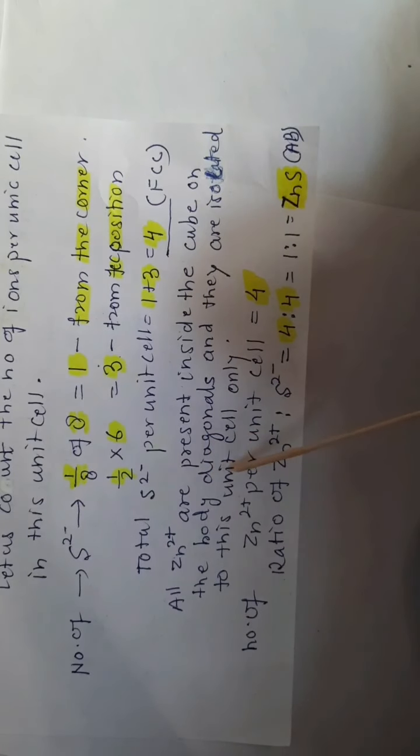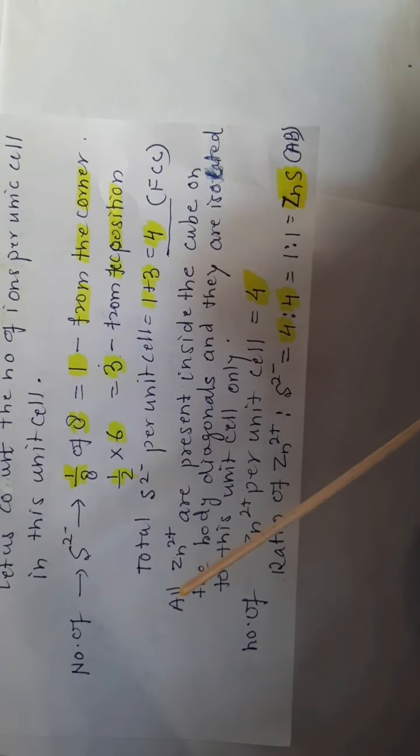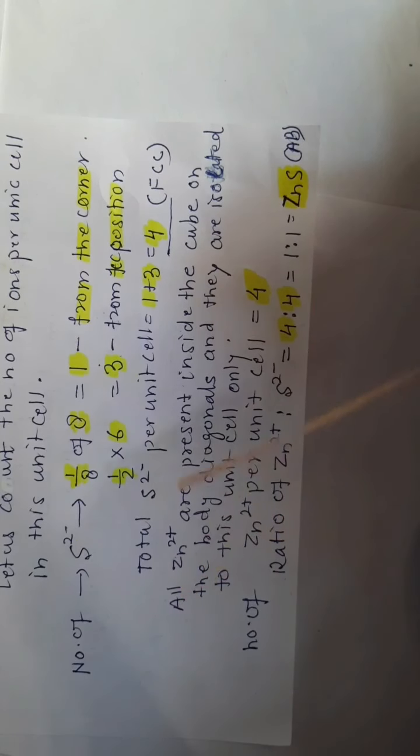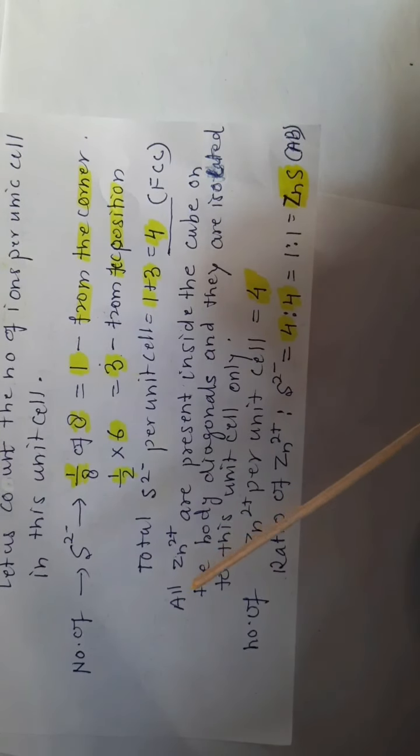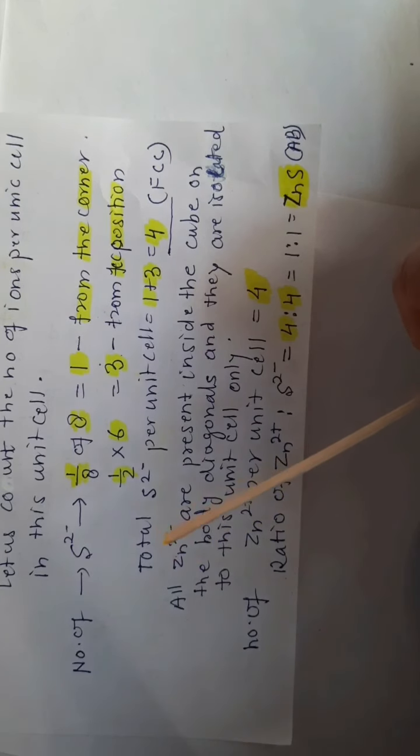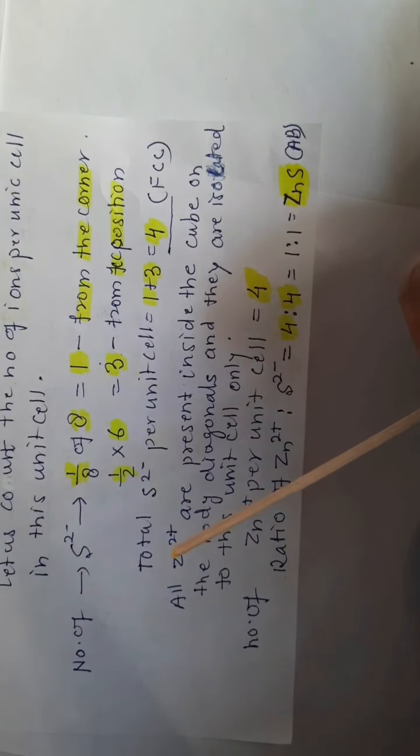Now let us count the number of zinc ions present per unit cell. Since the zinc ion occupies the 1/4 distance along the body diagonal, and body diagonals are isolated to a particular unit cell only, they are not common between 2 unit cells, and that is why all the 4 zinc ions present in this cubic unit cell are placed inside the unit cell.